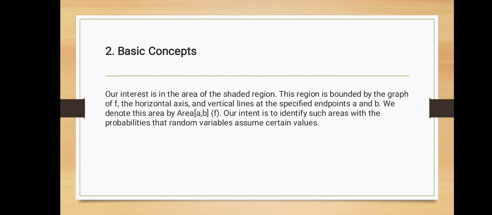This region is bounded by the graph of f, the horizontal axis, and vertical lines at the specific endpoints A and B. For a very simple function, such as the one depicted in figure 4.3, it is possible to determine the area by elementary geometric calculations.